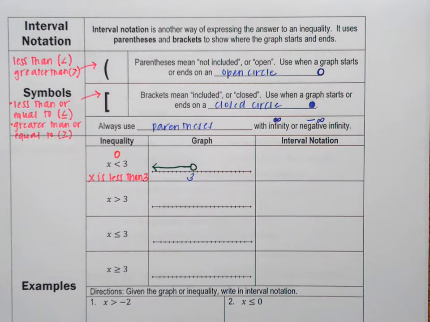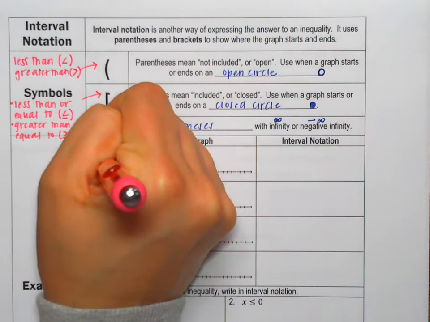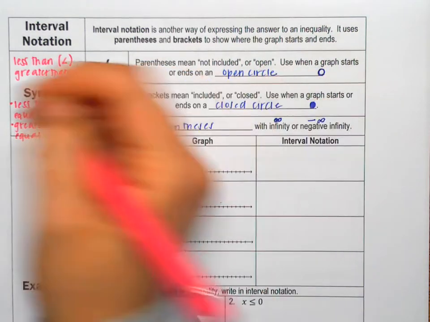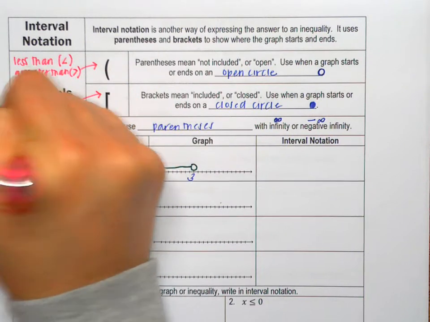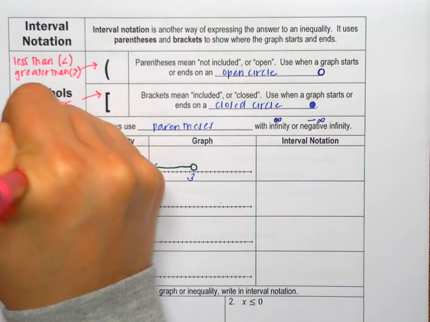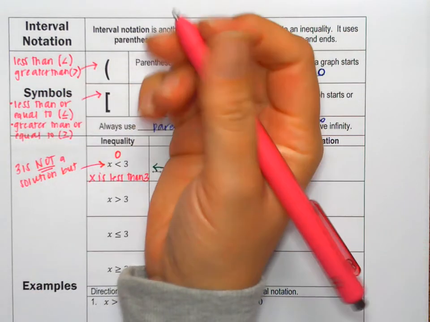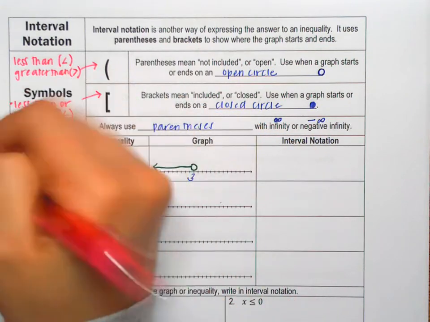So 2.99, 2.999, 2.999999999 are all values that are less than 3, and so those would all be considered solutions. So 3 is not a solution, but every number less than 3 is.